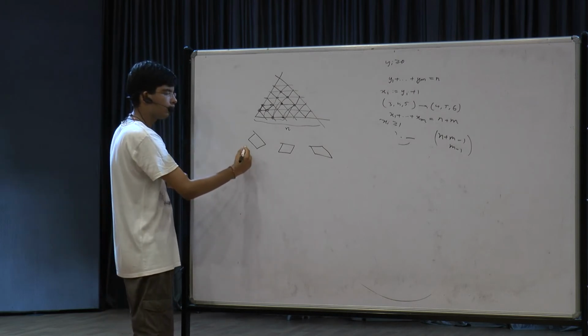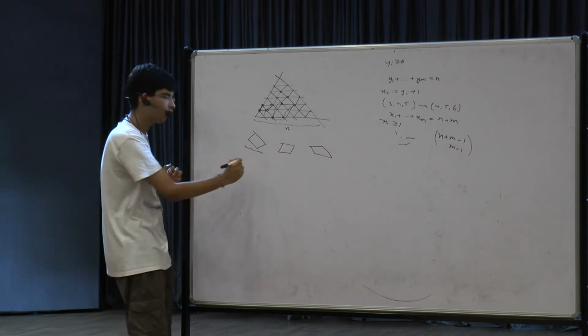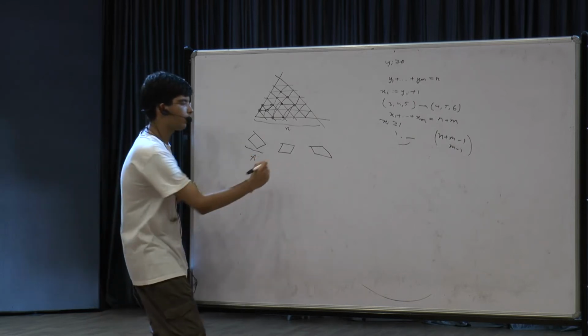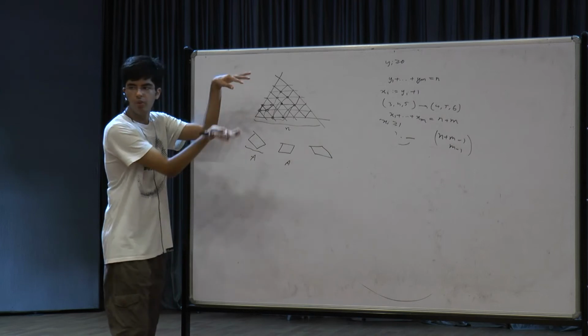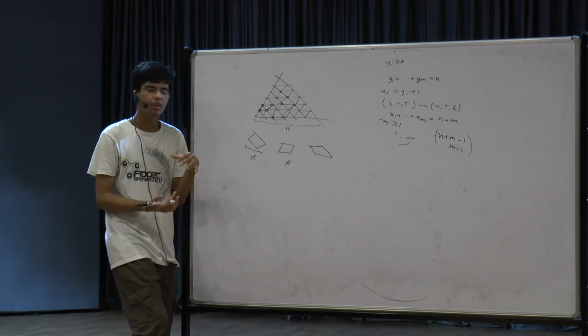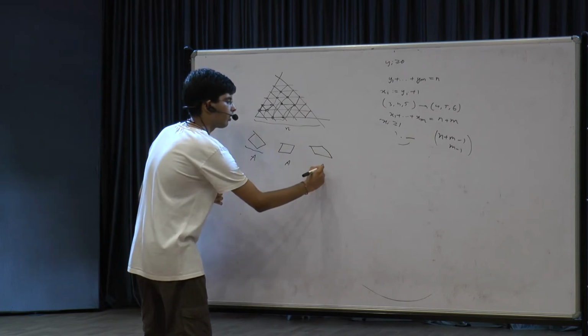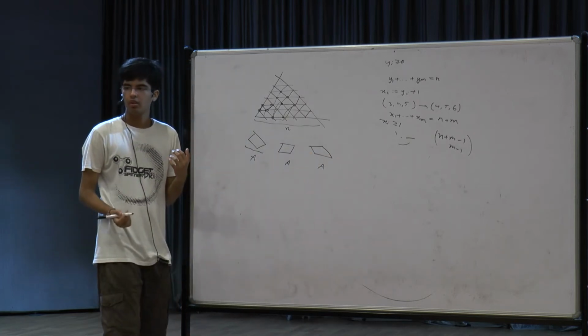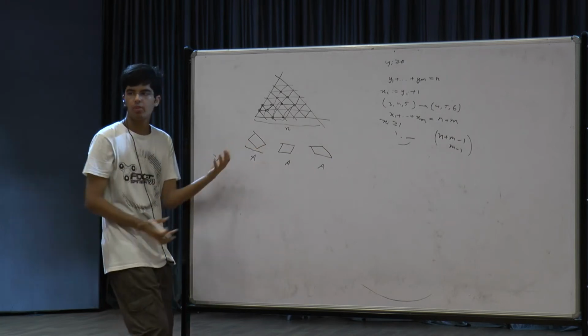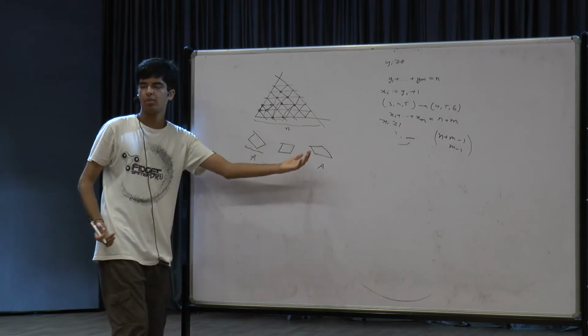So if we count just this type of parallelograms and call this number A, then the number of such parallelograms will also have to be A, because the whole figure is symmetric. Like the triangle has symmetries on all three sides, and the number of such parallelograms will also be A. So the total number will be 3 times A, right? Because this type of parallelograms plus this type plus this type.